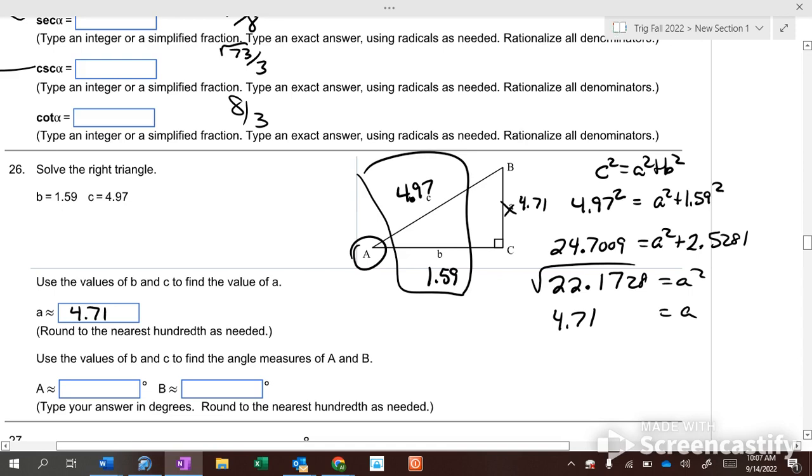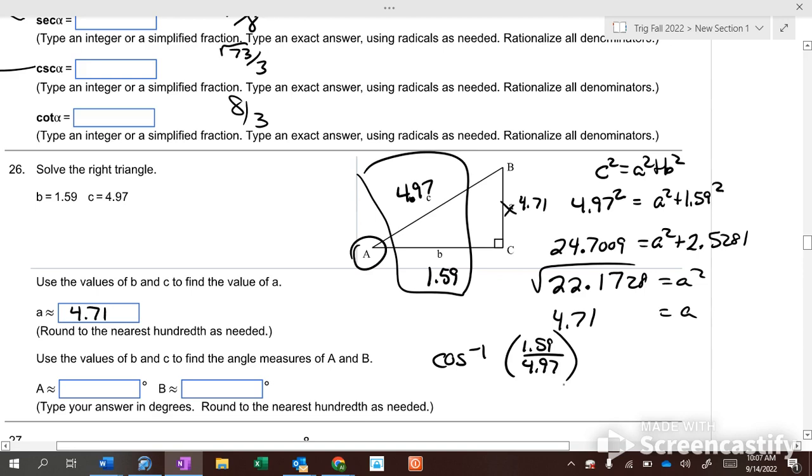Okay, so here we have adjacent and hypotenuse, so we have to use cosine. So we go inverse cosine of 1.59, the adjacent side, over the hypotenuse, 4.97.